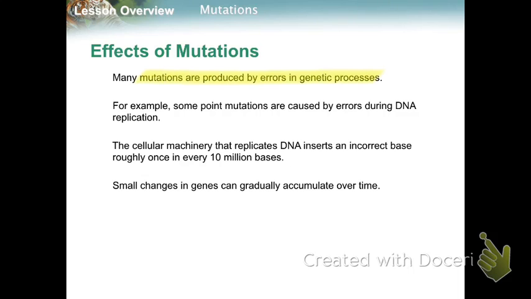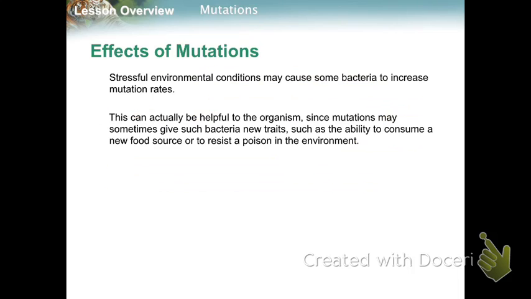Lots of mutations are produced by errors in genetic processes. Like I said before, point mutations are basically DNA copy errors, errors in DNA replication. The cellular machinery, however, is pretty accurate. It inserts an incorrect base roughly once in every 10 million bases. Small changes in genes can accumulate slowly over time.